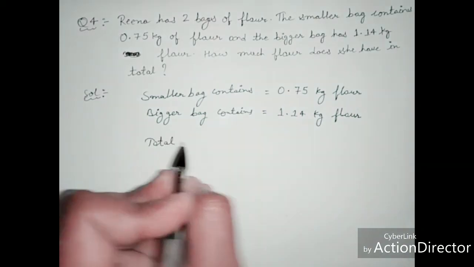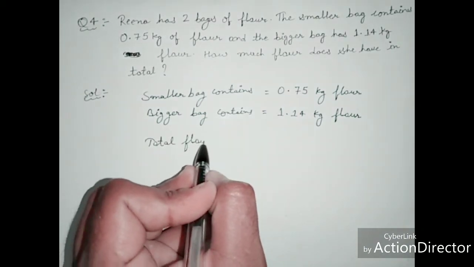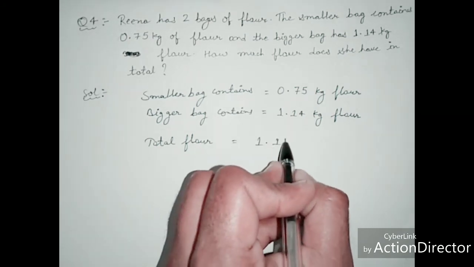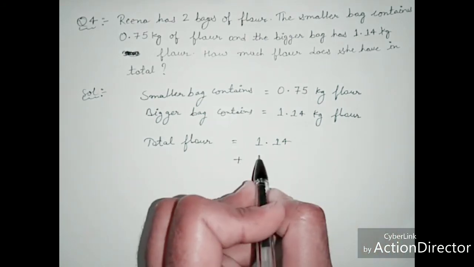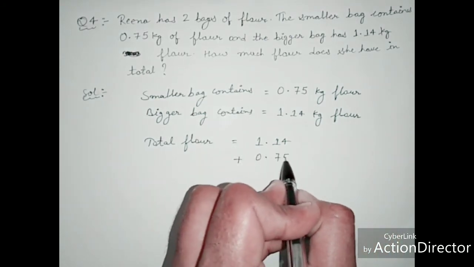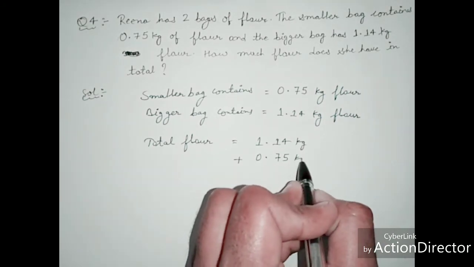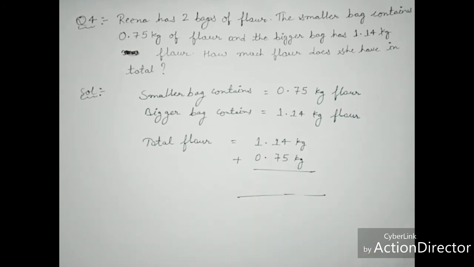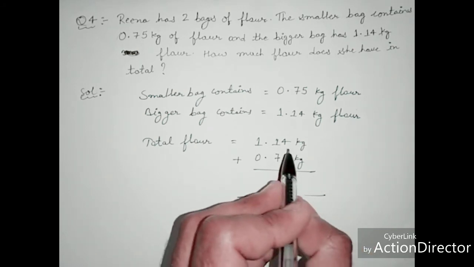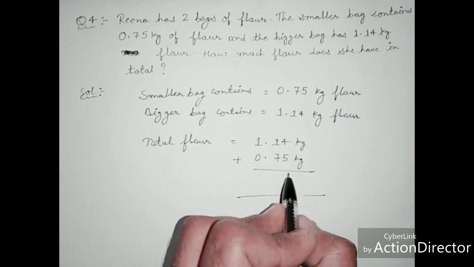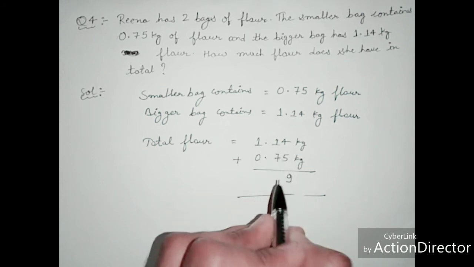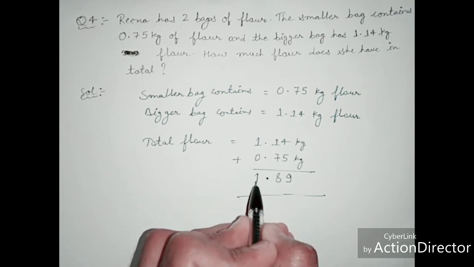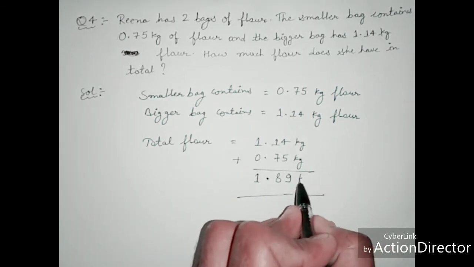So total flour equals 1.14 plus 0.75 kilogram. Now we add these both values. 4 plus 5, 9. 1 plus 7, 8. Then point, then 1 plus 0, 1 kilogram.